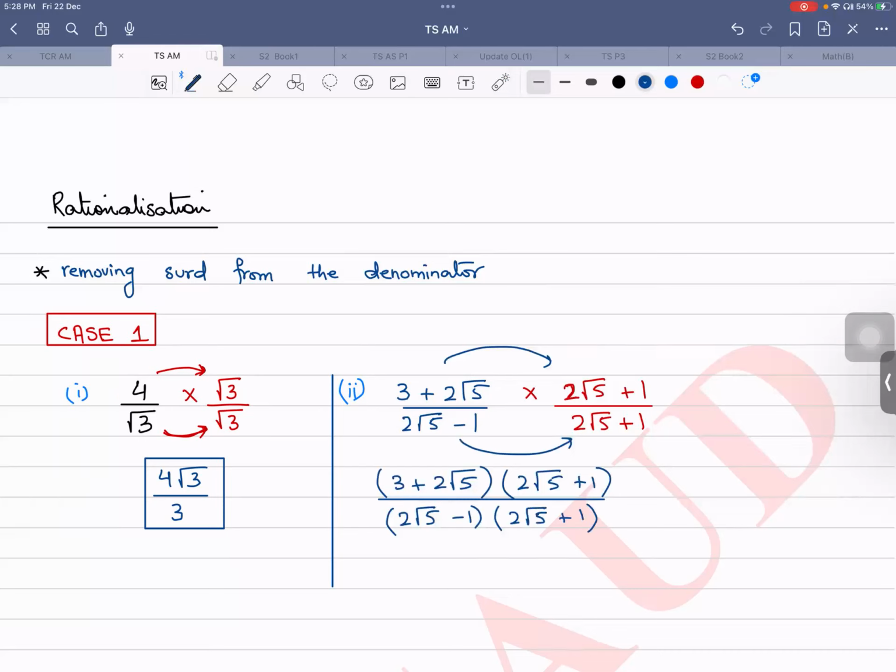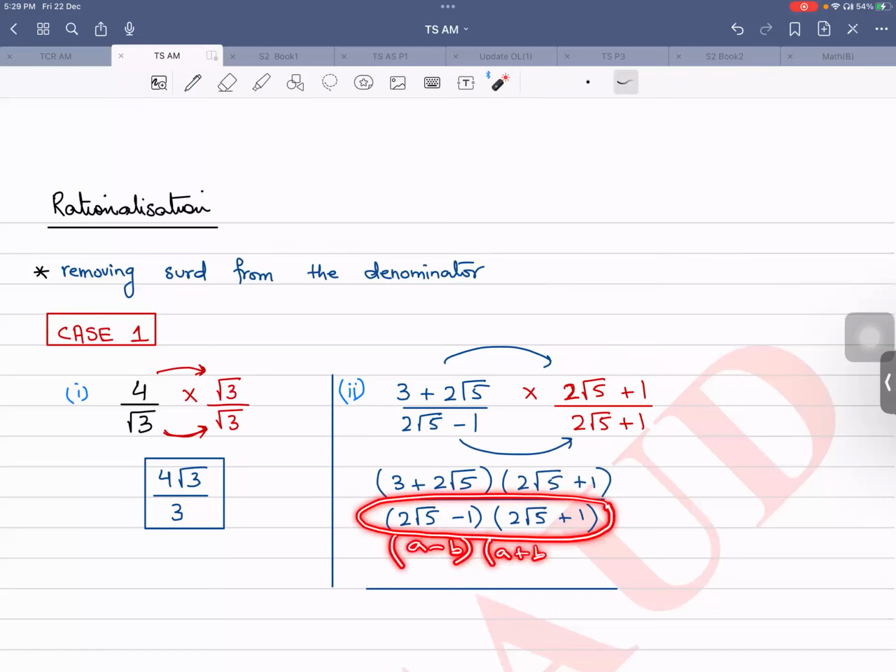It is always easy to simplify the denominator first. Why? Because what form do I see in the denominator? I see a minus b, a plus b, and I am always going to see this form in the denominator. क्यों? क्योंकि मैं बीच का साइन चेंज करके मल्टीप्लाई कर रहा हूँ. तो डिनोमिनेटर में तो हमेशा a प्लस b, a माइनस b होगा.